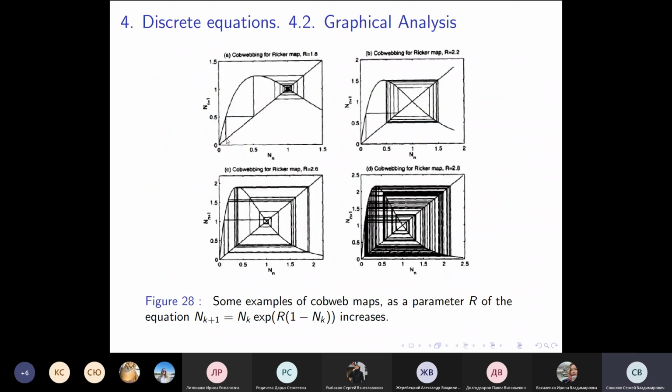So we started at the point n0, n0. We draw a vertical line. At that moment, our line intersects f of n_k. And this point is our point n1.